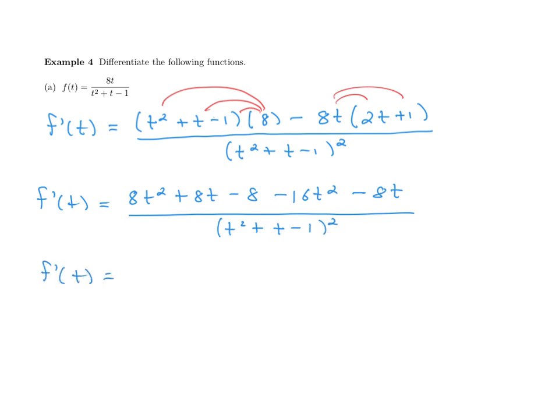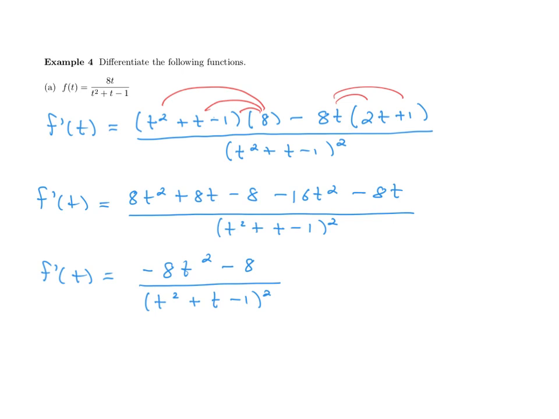Are there any like terms in the numerator? Okay, we have an 8t and a negative 8t, so those will cancel. This will remain, and here we have an 8t squared minus 16t squared. It'll leave us with, in this case, a negative 8t squared minus 8 all over t squared plus t minus 1.